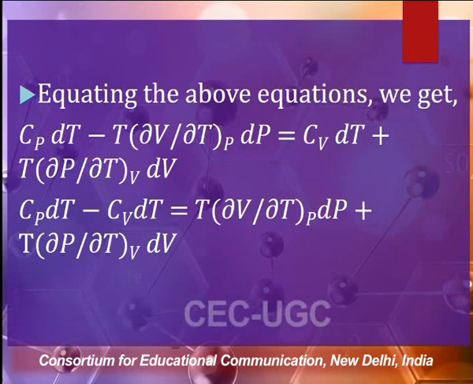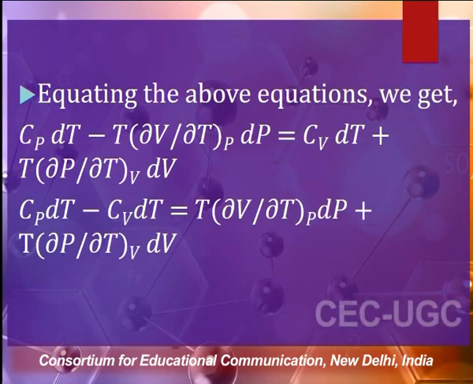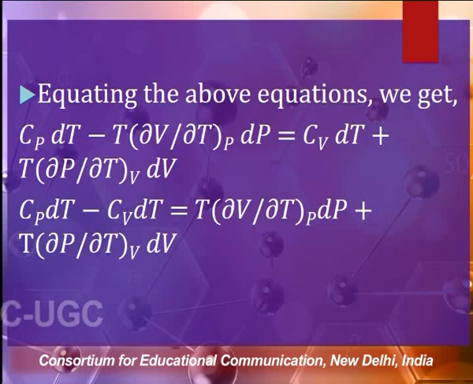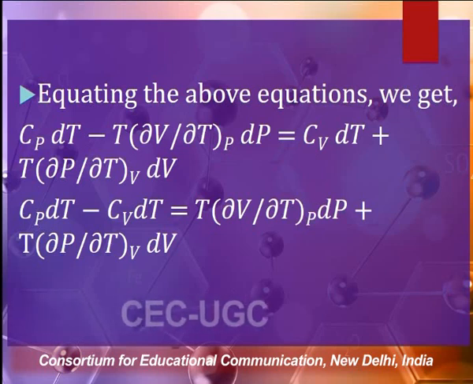Rearranging the terms, we get Cp dT minus Cv dT is equal to T times delta V by delta T at constant pressure dP plus T delta P by delta T at constant volume dV.